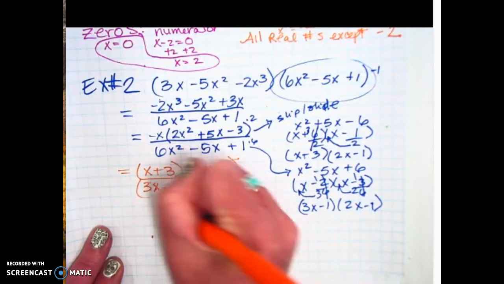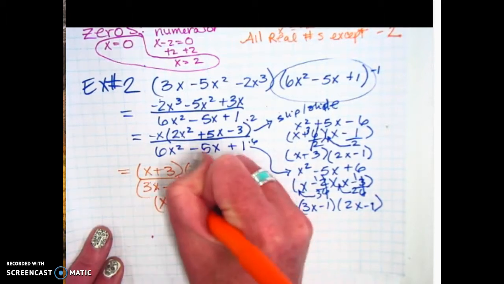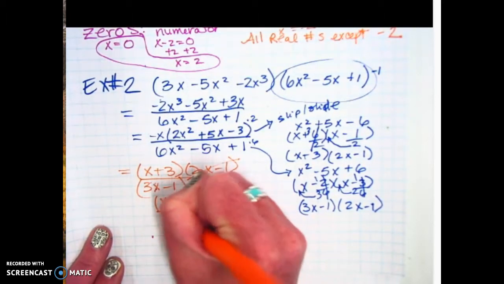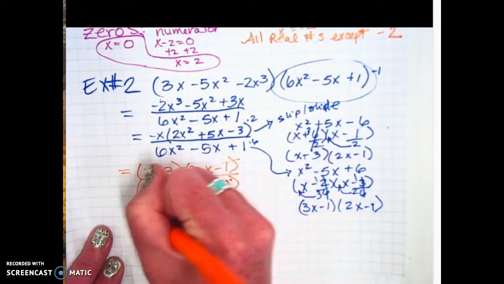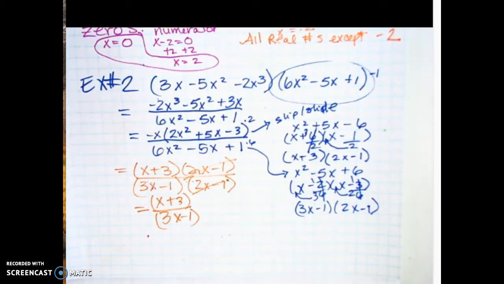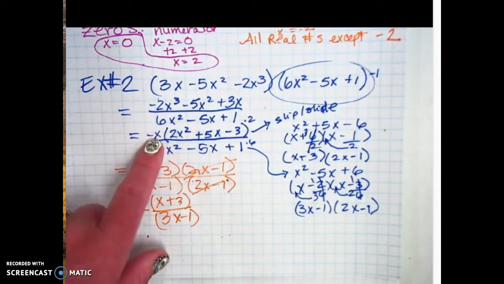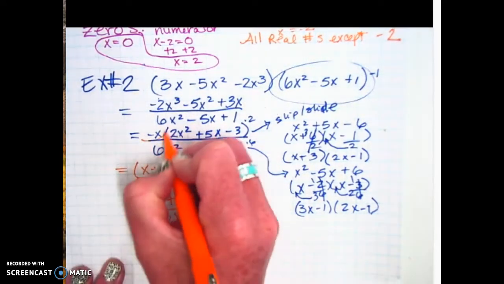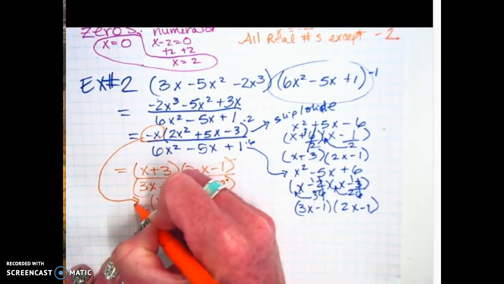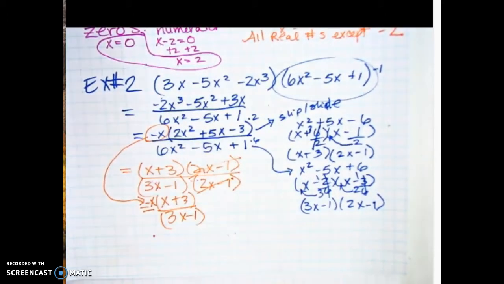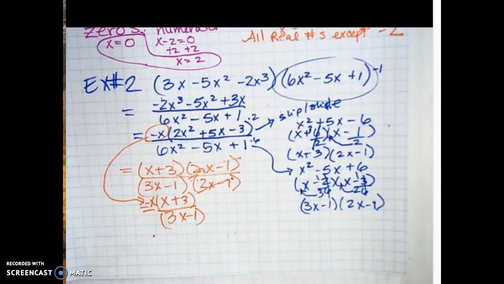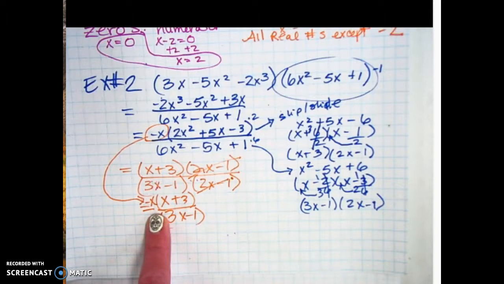So we are left with the x plus 3 over the 3x minus 1. Oh, and we pulled out a negative x up here too, right? Let me move that down. Squeeze in that negative x right there. Okay? If you want to distribute it back into the answer, you can, but I actually prefer it to be written like this.